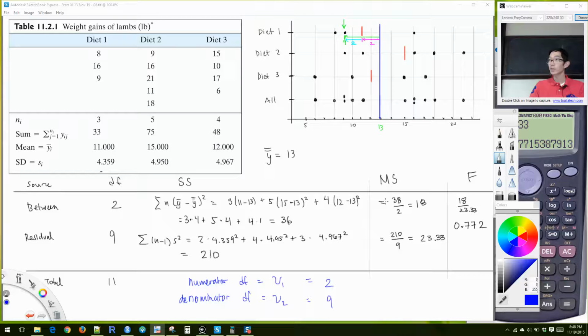What that is saying is that the variation due to this source, the between groups variation, is significant. Right now, our F statistic is quite small, so it's saying this source of variation is not significant.